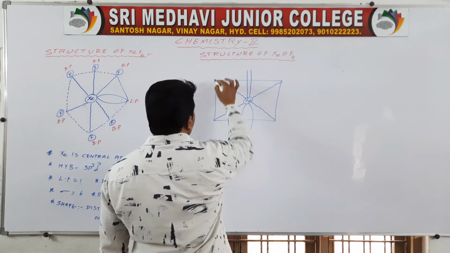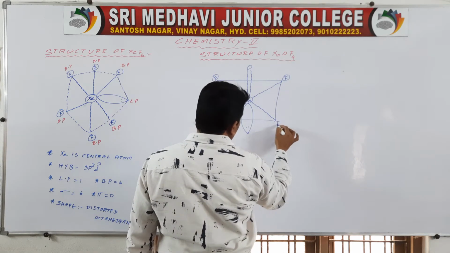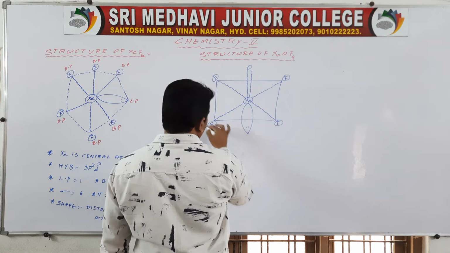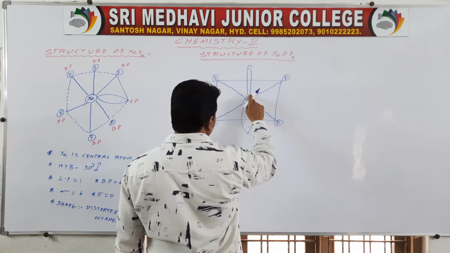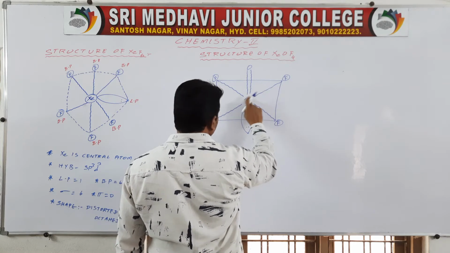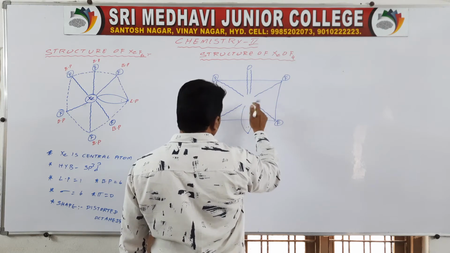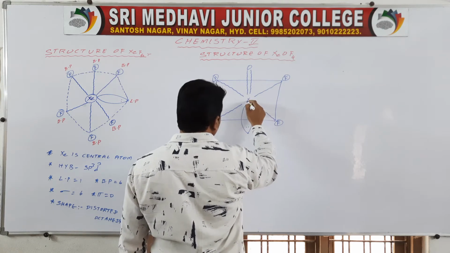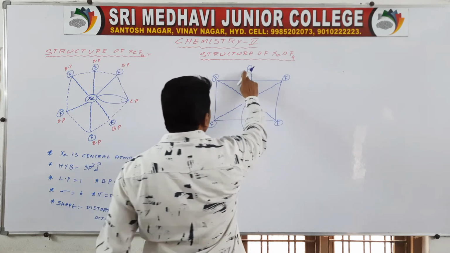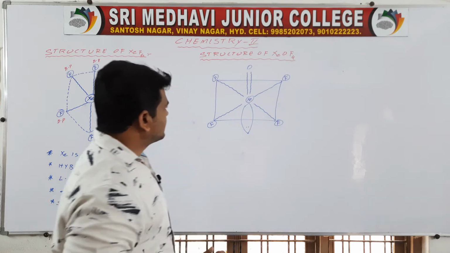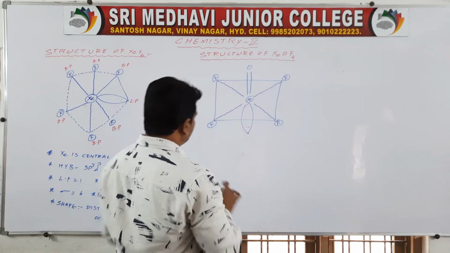It is a lone pair. Fluorine, oxygen, fluorine, fluorine, fluorine, it is a lone pair. Okay. So xenon is the central atom which has s, p1, p2, p3, d1, d2.